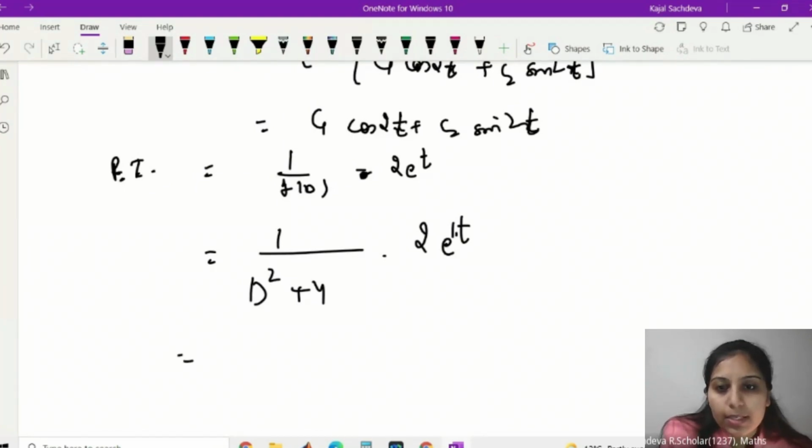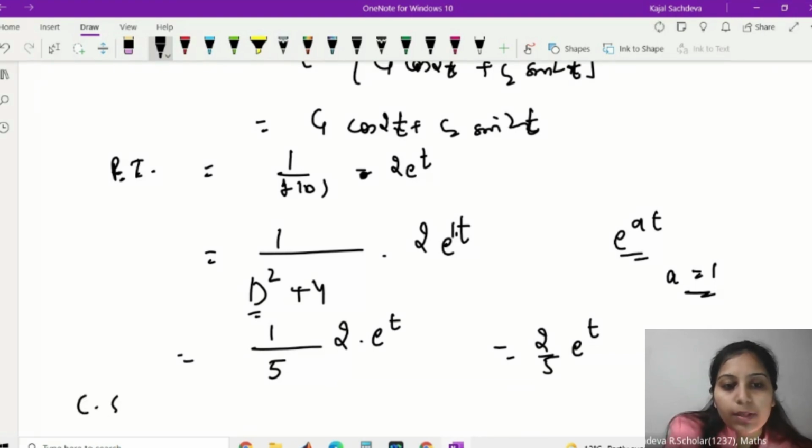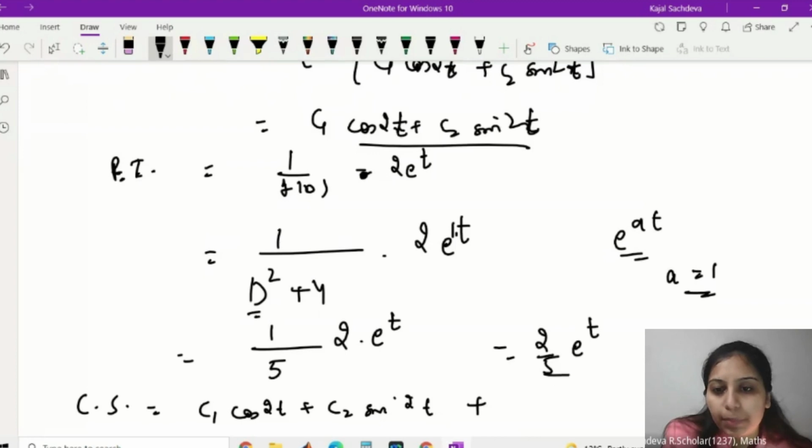In this case we have the first case, e raised to power at type, where a is equal to 1. So replace D by 1, we get 1 upon 5, 2 into e raised to power t. So we get 2 upon 5 e raised to power t. So the complete solution is C1 cos 2t plus C2 sin 2t, that is CF, plus PI, 2 upon 5 e raised to power t. This is y.